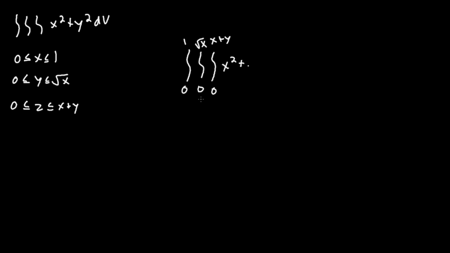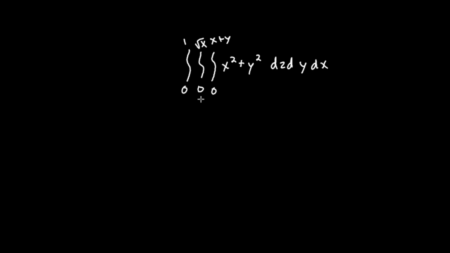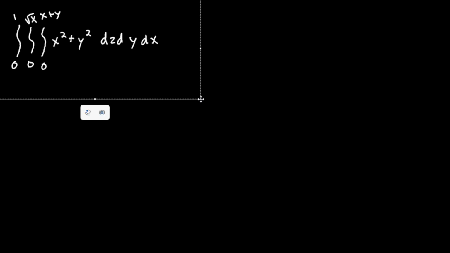Our function is x squared plus y squared. It's supposed to be parentheses around here, but I'll leave that out because I'm going to need a lot of space for this problem. Okay, let's integrate with respect to z first.